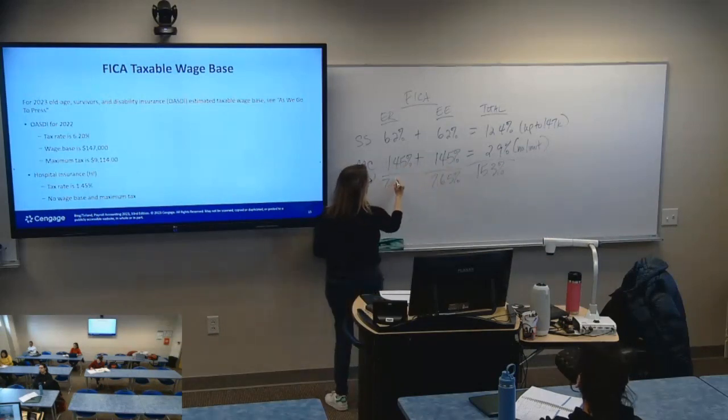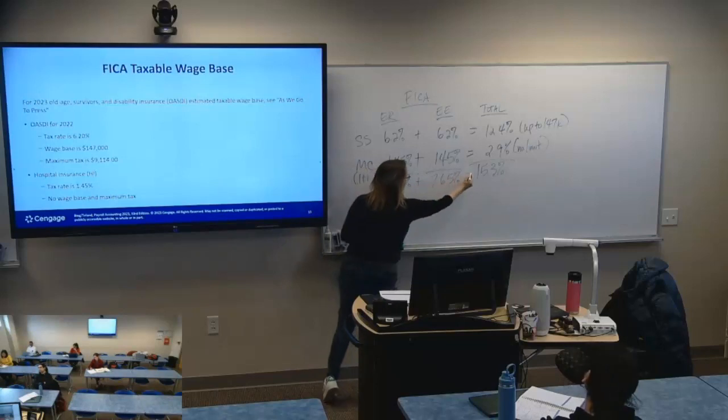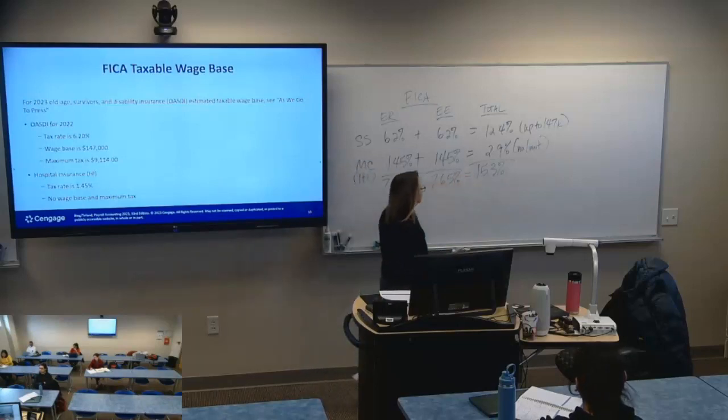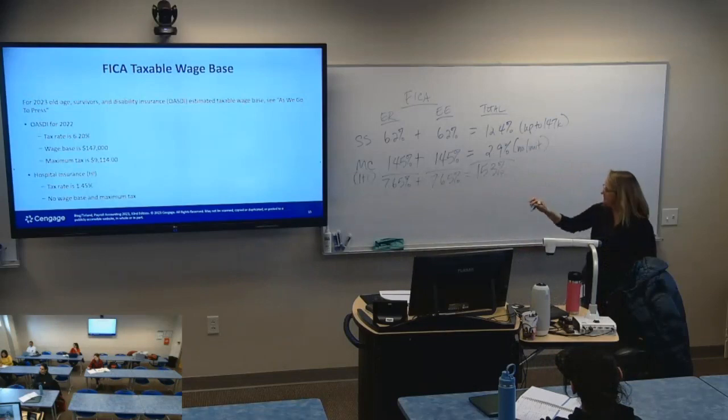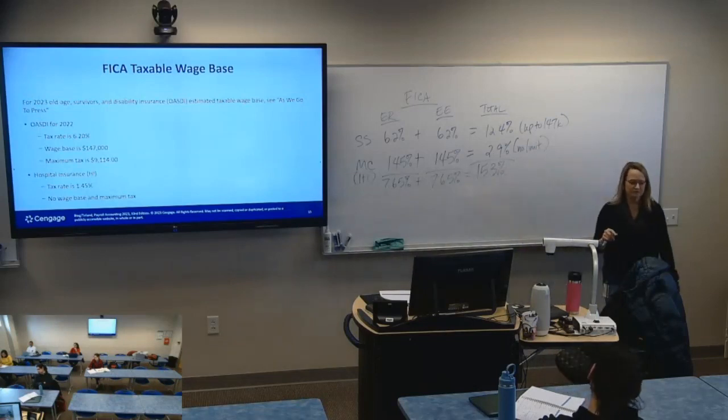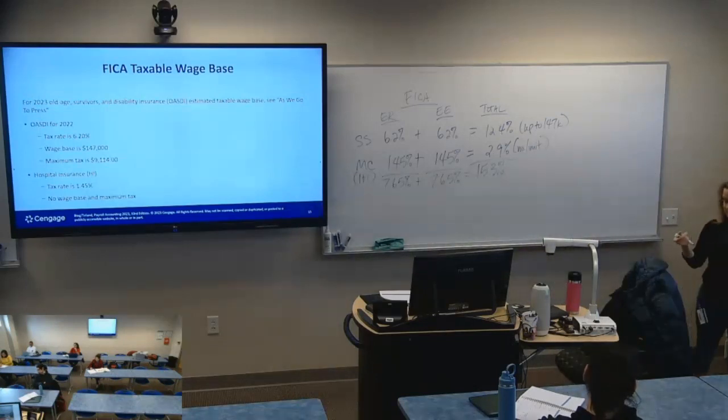This is also 7.65%. So yes, $7,650 is correct for both Social Security and Medicare tax.